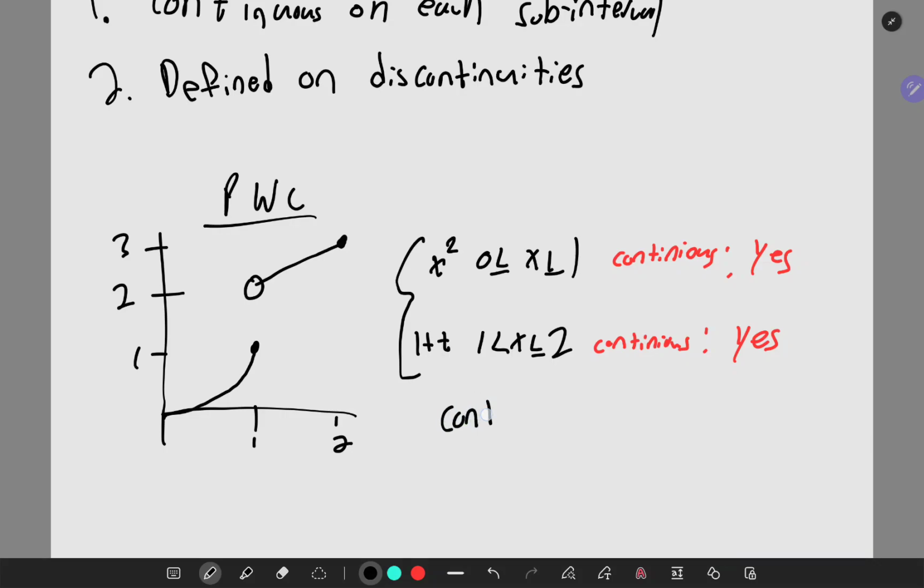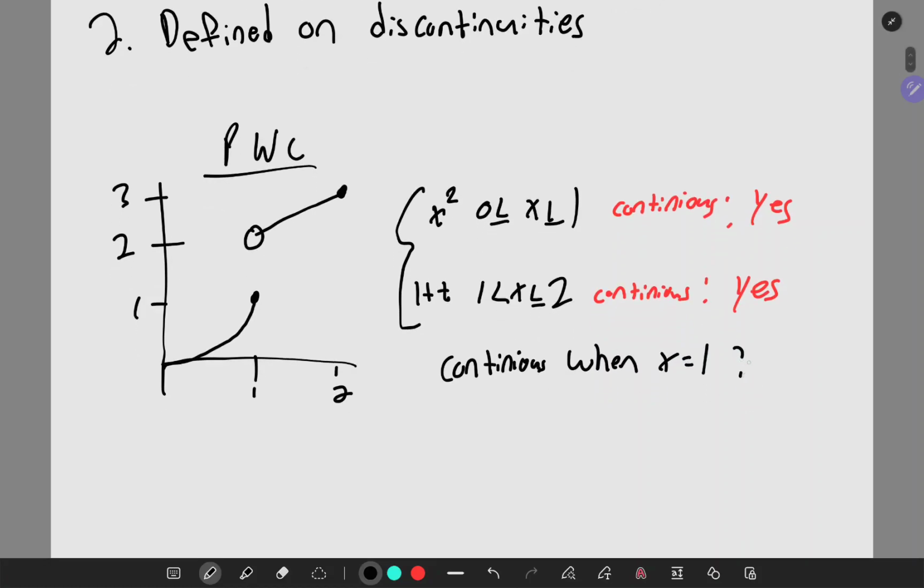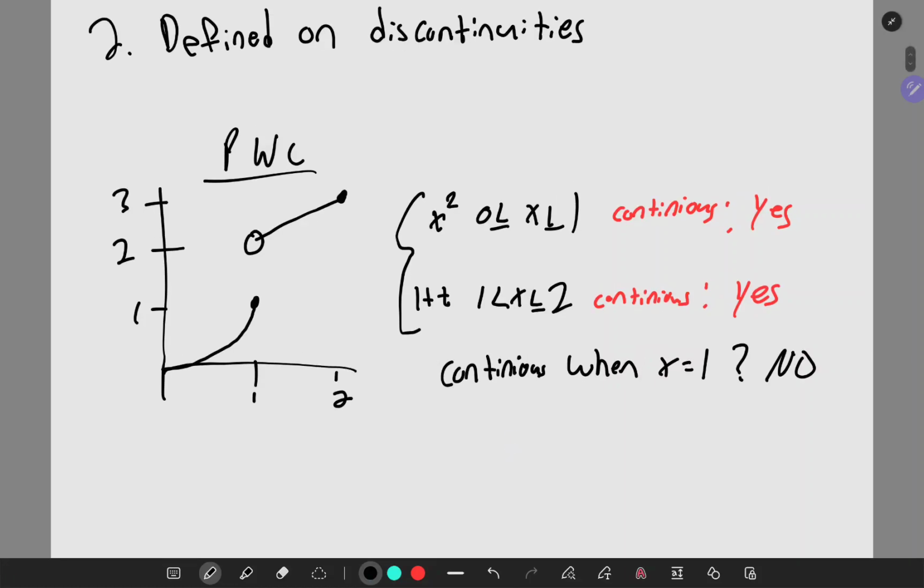Is it continuous when x equals 1? No, right? Because there's a jump discontinuity there. It's not continuous there. Is it defined on 1? Yes, it is. So it's defined on the discontinuities.